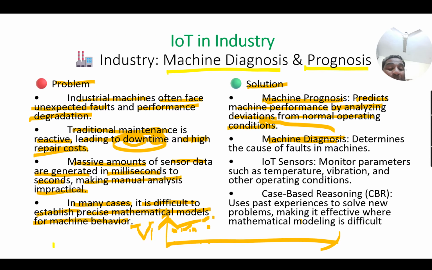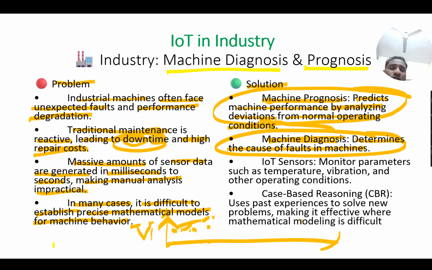Now, what is diagnosis? Once the machine is broken down, it determines the cause of the fault in the machine. In several situations we go for diagnosis, in several for prognosis, depending upon the application.